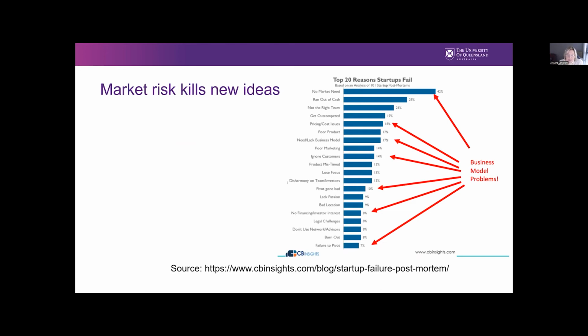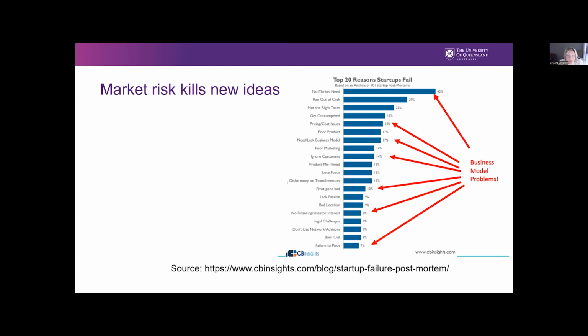And you can see here that a large number of them are actually due to problems with the business model development. So there was no market need is the first one. Pricing and cost issues, or there was a lack of a business model. Another one is they didn't pay attention to their customers. They ignored their customers. The pilot has gone bad.